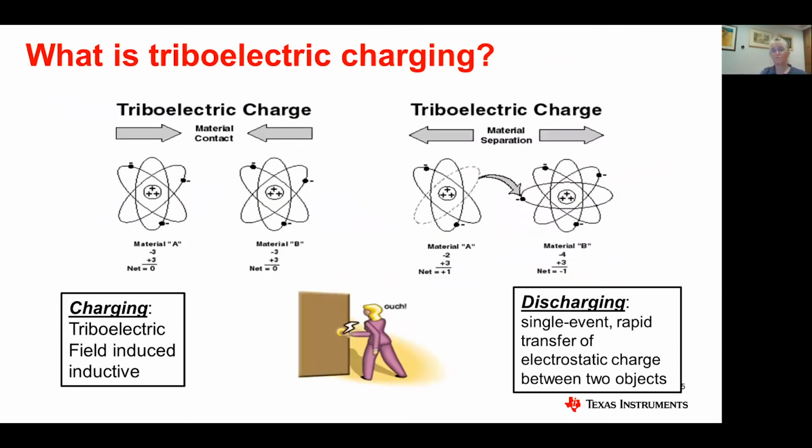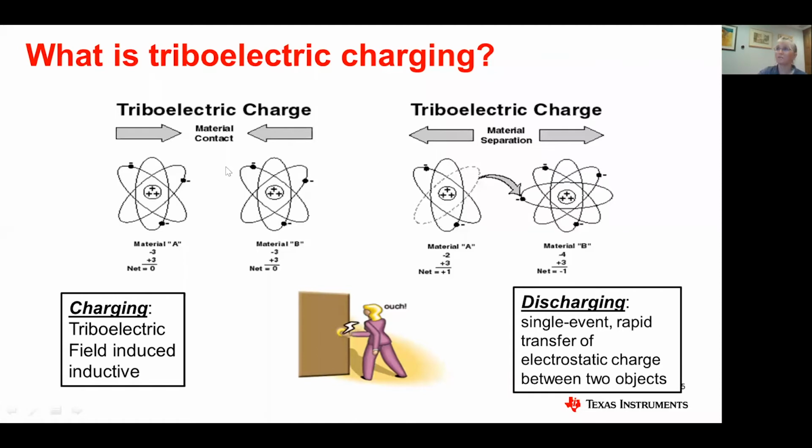In terms of triboelectric charging, this is something that has been studied for about 3,000 years, perhaps. The first serious study was done by a Greek philosopher, Thales of Miletus, about 500 BC. That was really the study of how an object can gain electric charge by coming into contact and then separation.